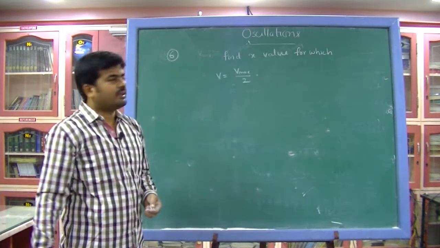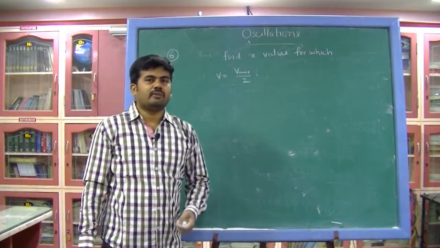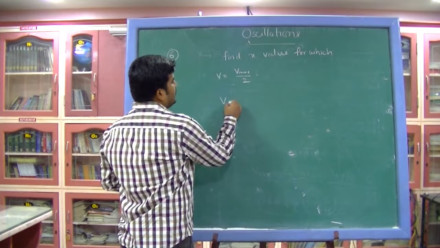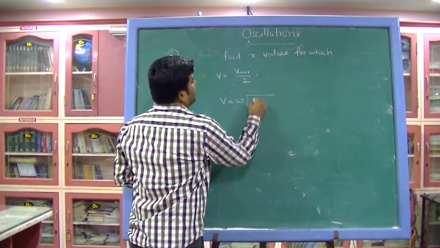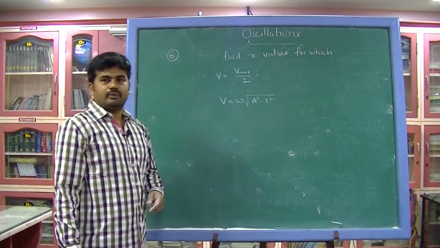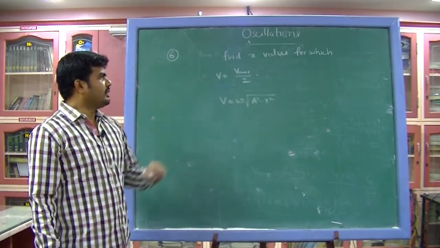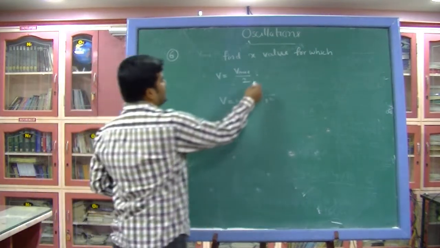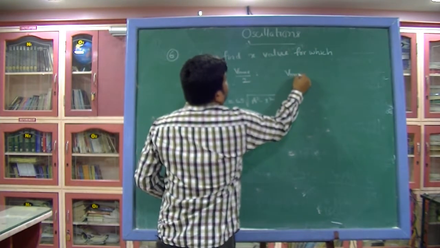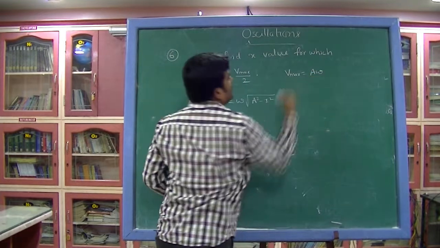Now, let us take the formula for velocity of a particle in terms of displacement. That is V is equal to omega into the root of A square minus x square. Now let us use the given condition. We know that V maximum is A omega.